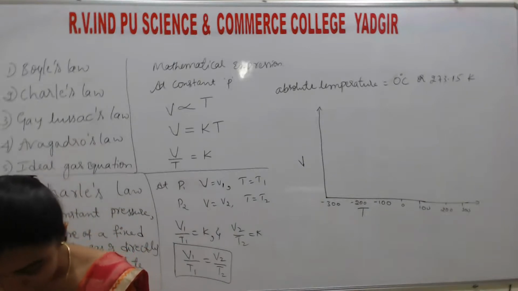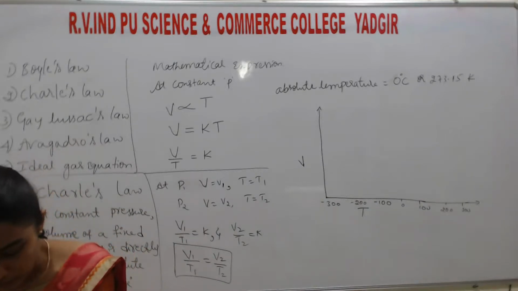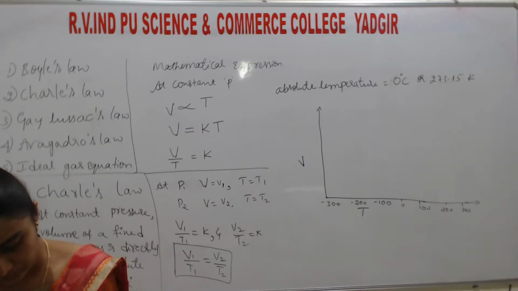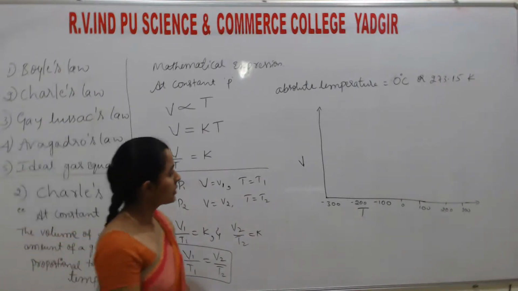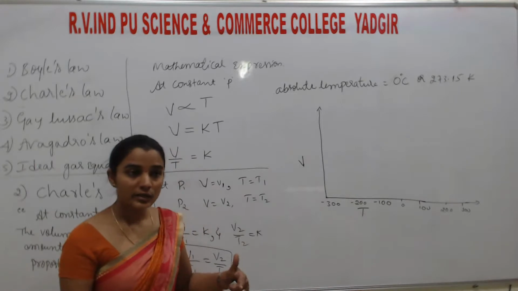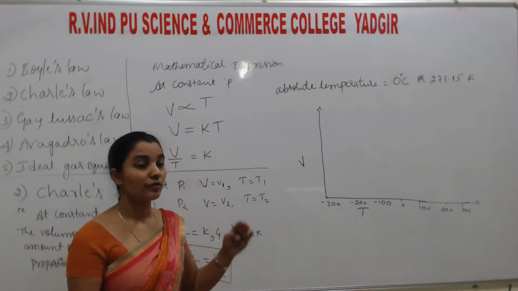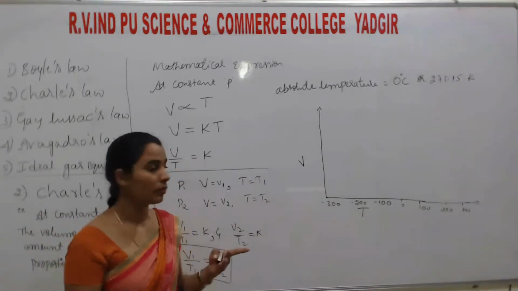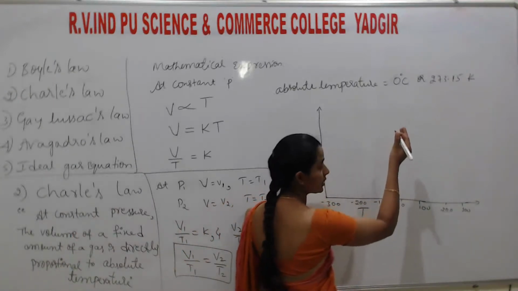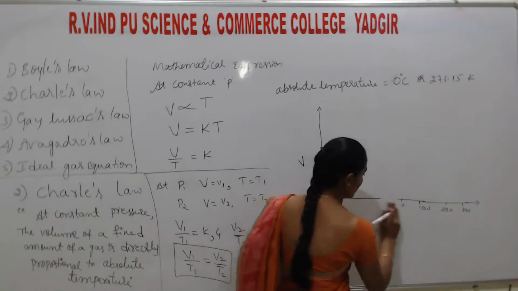Okay, listen. Students, here volume is there if temperature is there. If temperature is less, volume is less. If temperature is more, volume is more. Assume here it starts from 0 degrees Celsius, meaning 273.15.